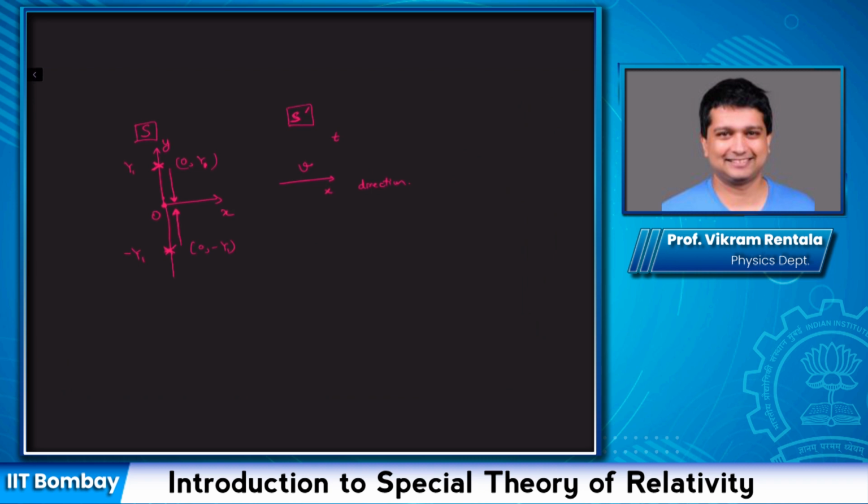So imagine that O prime passes O at the same instant t at which these events occur, and O prime then continues to go further ahead. Okay, so after some time delta t, they would have moved a distance of v delta t along the x-axis.